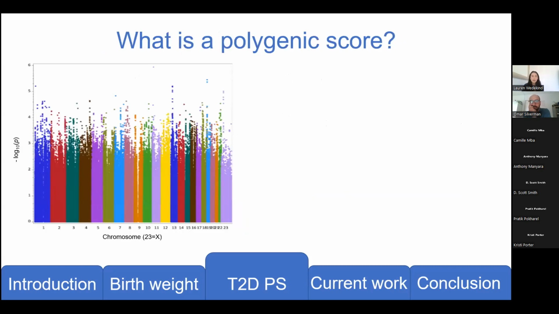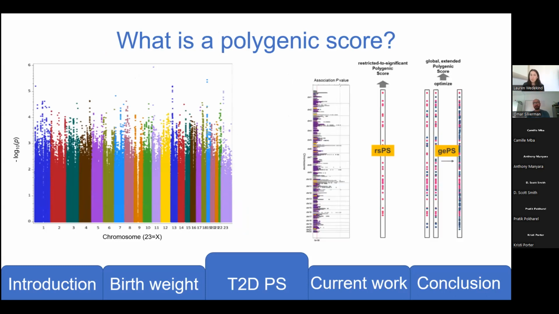So what is a polygenic score? Remember that Manhattan plot on the left-hand side that I had? This is exactly that one, just taken as an example, but imposed on this image. It's just turned to the side so it's easier to see. Polygenic scores mainly come in two forms. This is a diagram from one of my supervisors, and they constructed it so that there are two different kinds of constructions of polygenic scores.